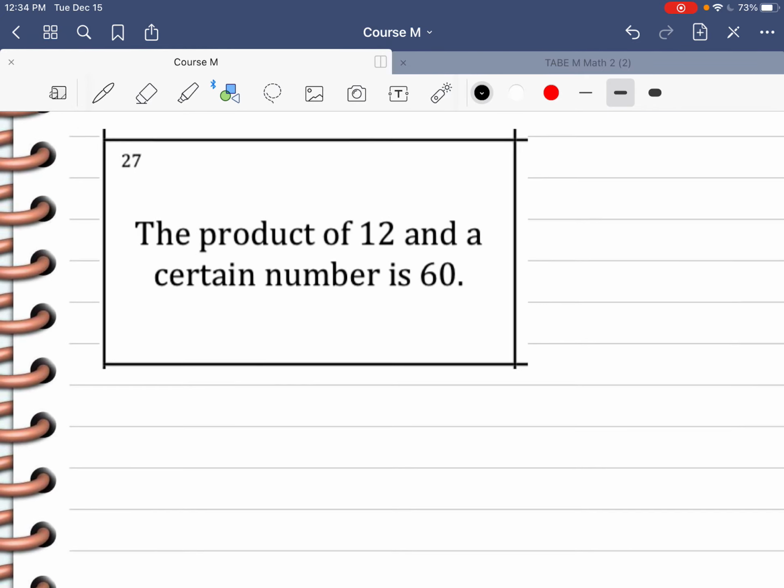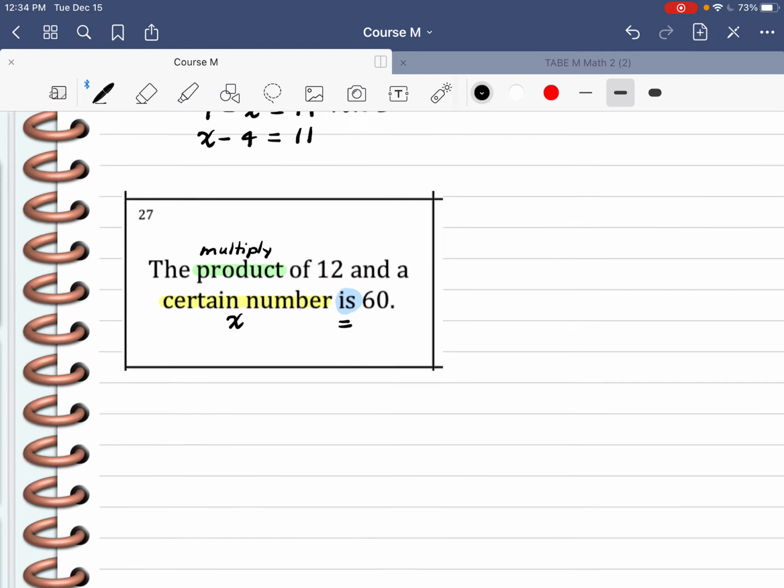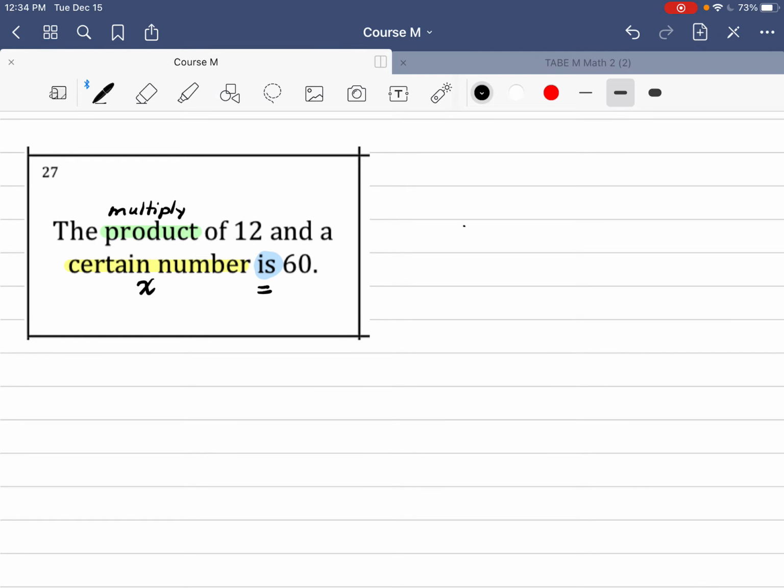Number 27. There's your equal sign. Certain number, there's your variable. What does product mean? Product is multiply. Multiply 12 and a certain number and you will get 60.